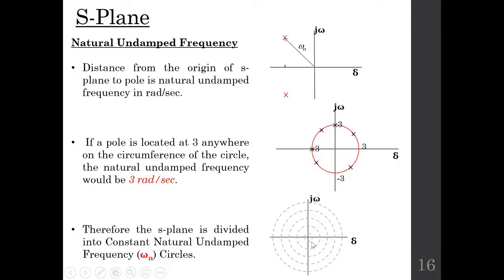This smaller circle has a very small natural frequency. If you draw a bigger circle around it, that is a system having a larger natural frequency. And if you draw another circle encircling these 2 circles, that system response has a natural frequency bigger than these 2 systems.